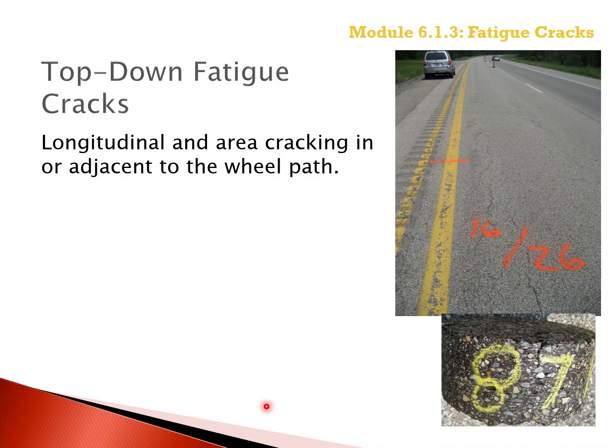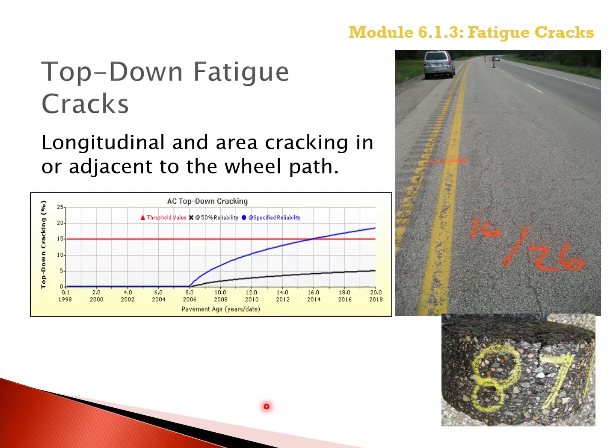The downward propagation of these cracks will follow the path of least resistance through the asphalt layer. Thus, the formation of the alligator cracks can take much longer to appear for the surface initiated or top-down fatigue cracks. In other words, they increase but at a decreasing rate.